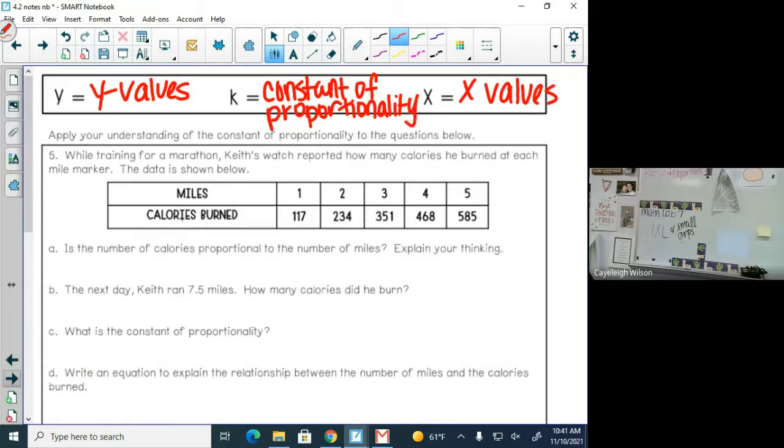A big word. It makes it sound smart. So that K, like we said on the other side, is that ratio of Y divided by X. So that gives us our constant of proportionality, where I take the Y values and divide them by X, and that should give me that same number over and over again, that constant.